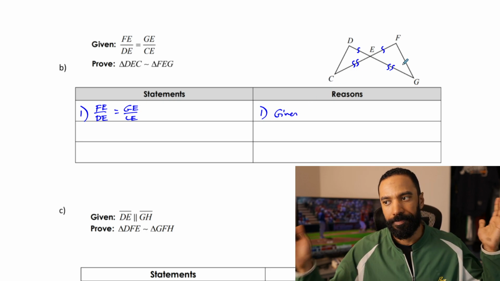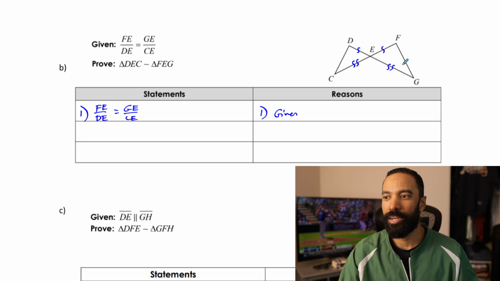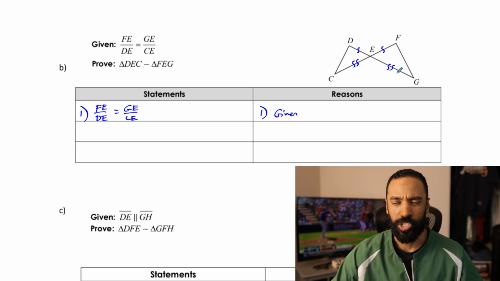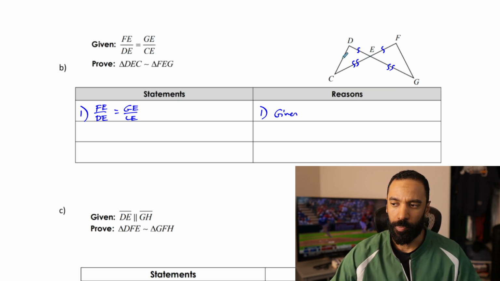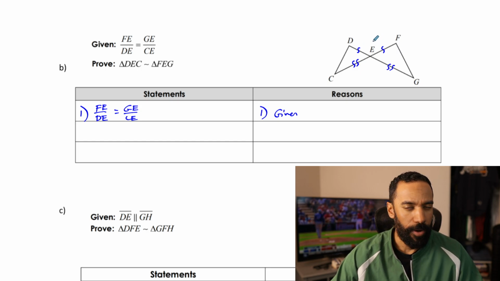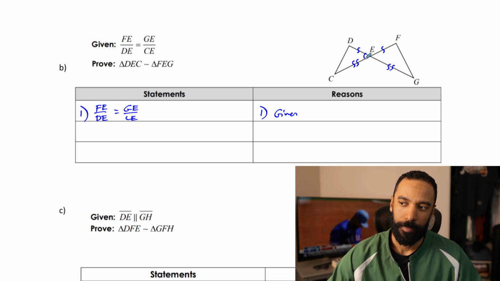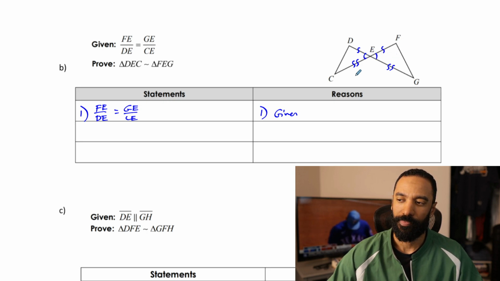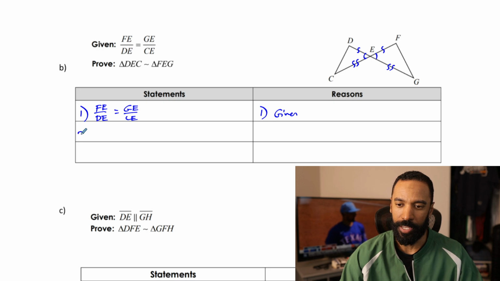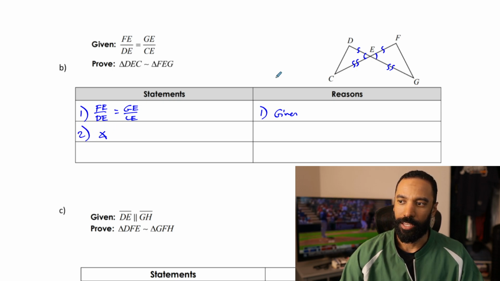Now, I've got to prove similarity. I don't know anything about DC and FG. You can't assume they're in proportion with the other ones. Let's go off angles. No parallel lines marked, nothing like that. We've got this: vertical angles. I can't just call them angle E. I can call it DEC.